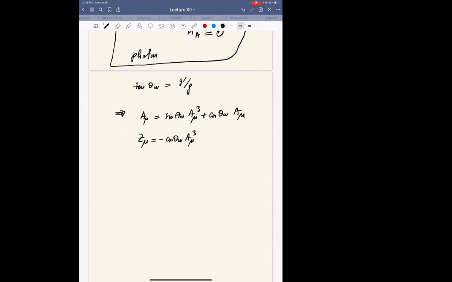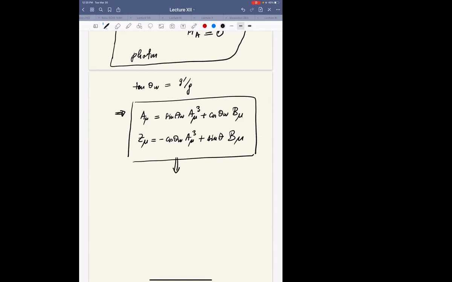No, this is not A mu, please. Don't let me make these mistakes. This is B mu. I started with the fields A mu 3 and B mu and got two orthogonal combinations with an important prediction.